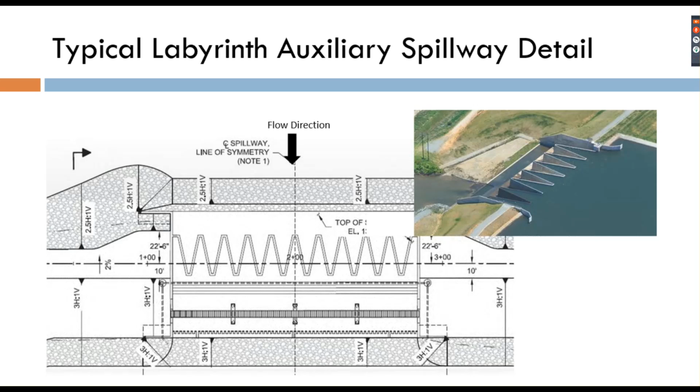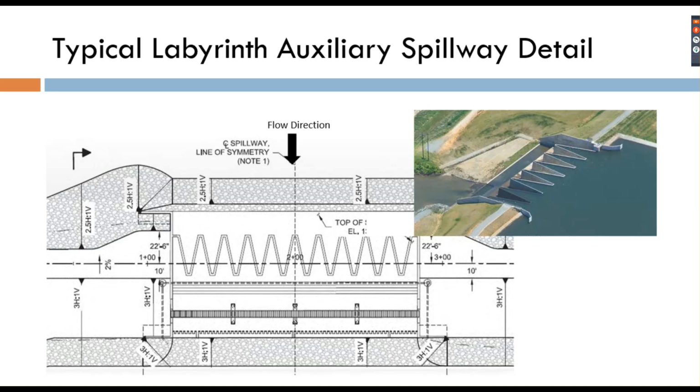Now typically an auxiliary spillway would not function on a day-to-day basis, but would only function during large storm events. Auxiliary spillways are what we call passive spillways, meaning operation of gates is not required. They just automatically work when water levels become high enough.